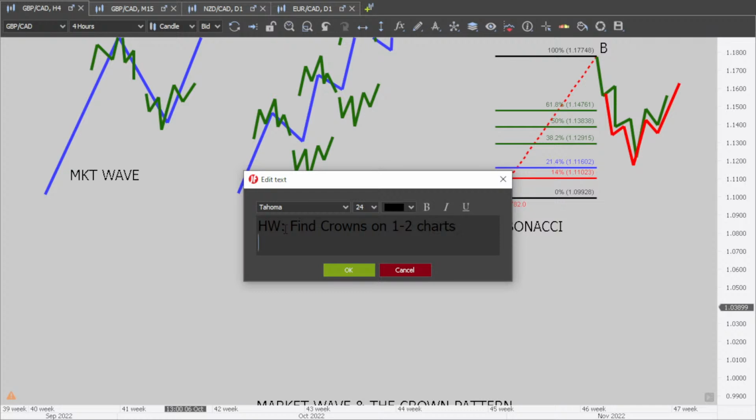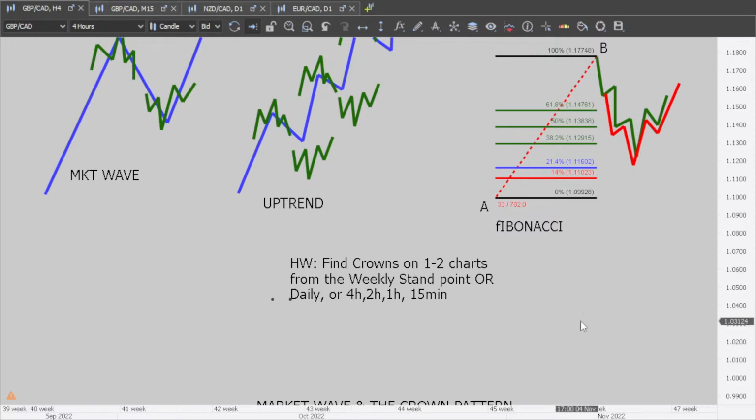Find crowns on 1 or 2 charts, okay, from the weekly standpoint or daily or 4-hour, 2-hour, 1-hour, 15 minutes, and send it to my email if you want to. If you want me to check, everybody, send it to my email. Okay? Like we did right now.